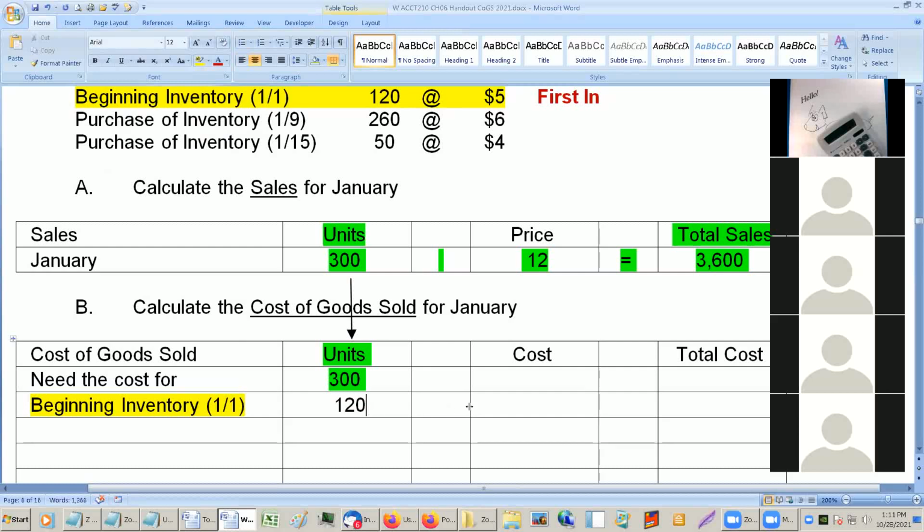And there's only 120 in there. So we'll take the 120, obviously, at $5.